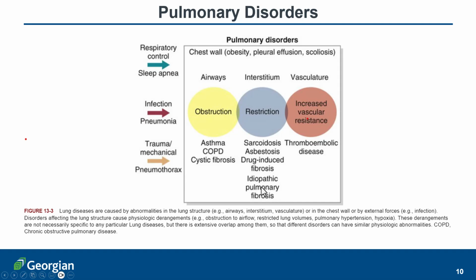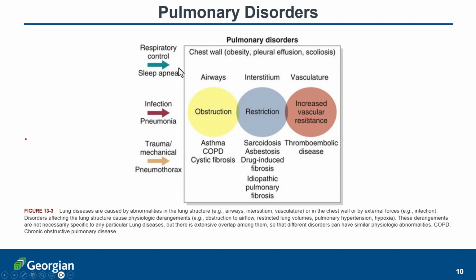The most characteristic restrictive lung disorders are idiopathic pulmonary fibrosis, etiology unknown, probably autoimmune, and the only treatment is a lung transplant. And then we'll also look at vascular disorders related to the pulmonary disorders, such as pulmonary embolism that causes increased vascular resistance. So PE is a thromboembolic disease.